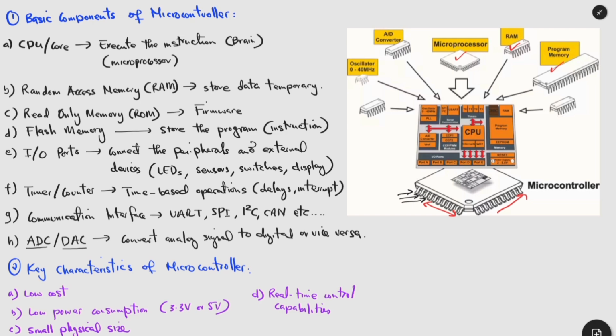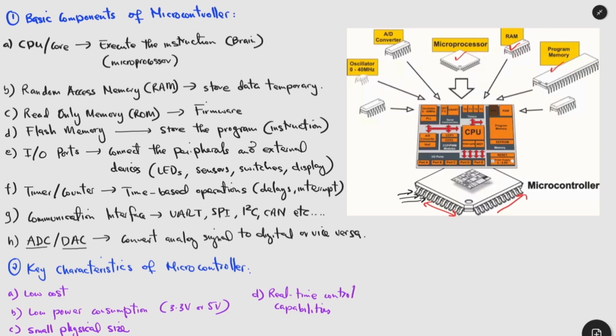Therefore, most of these microcontrollers can operate in real time, same as how our brain operates in real time. And most microcontrollers that are built nowadays, engineers are willing to design them very small, where some of these chips can be as small as a grain of rice. And most of these can be used in embedded systems. We have some smartphones and smartwatches which use chips that are very small in size.